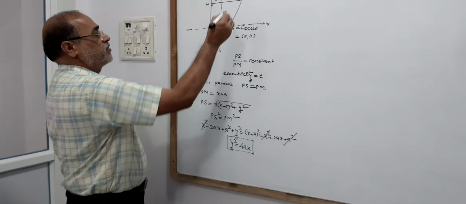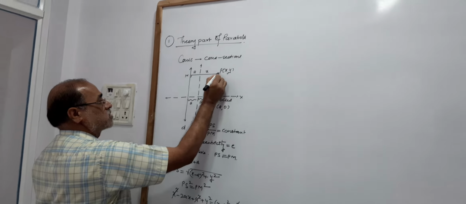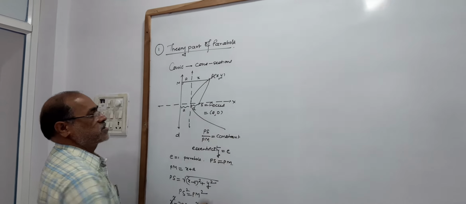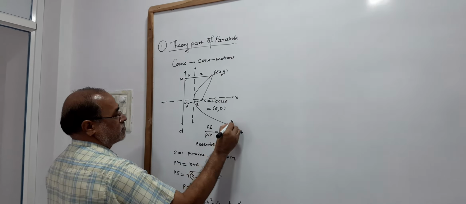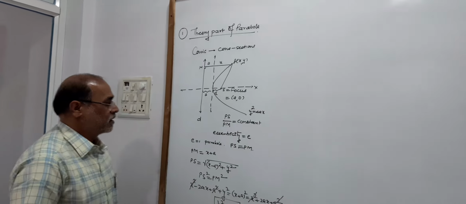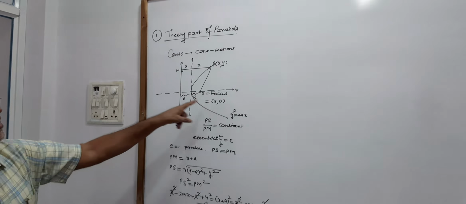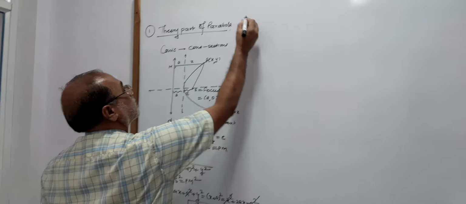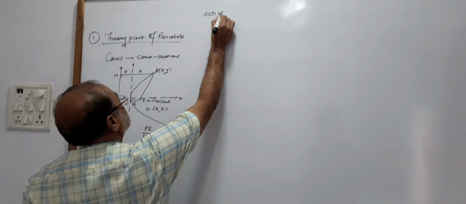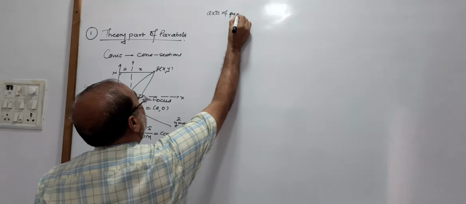Likewise, if you see, this curve will have a shape like this, and its equation becomes y square equals 4x. Therefore, here the x-axis is called the axis of the parabola.